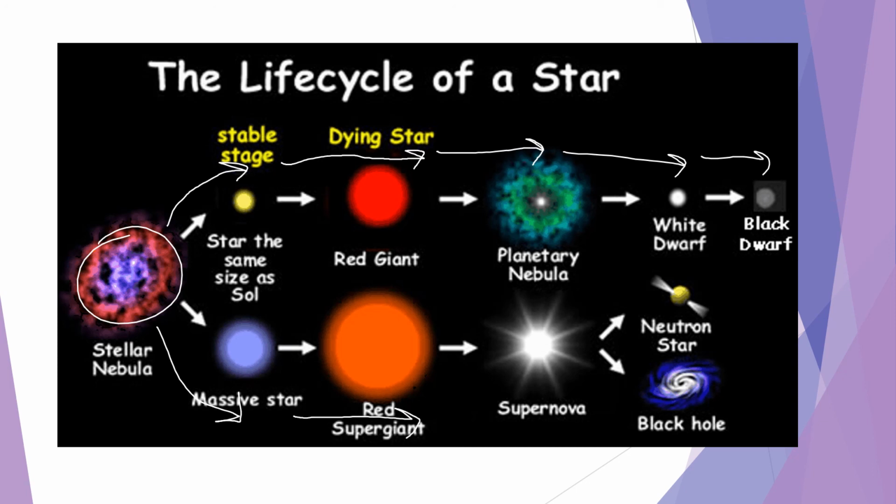So again, remembering those outer layers, the outer atmosphere of the star starts to drift and expand away, causing it to swell. Then it becomes a supernova. And then high mass stars are either going to become, from a supernova, a neutron star, and then the largest of stars, a black hole.